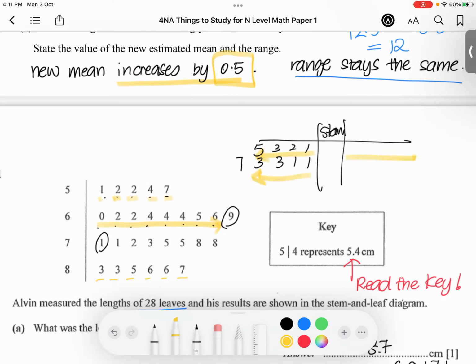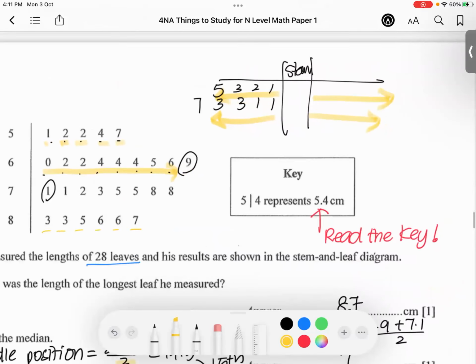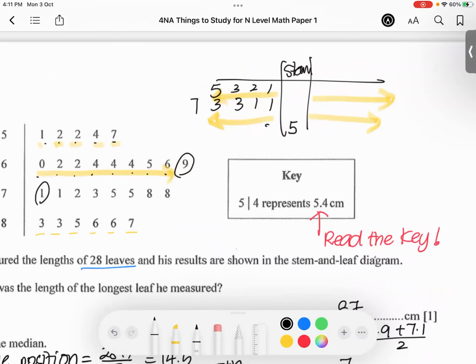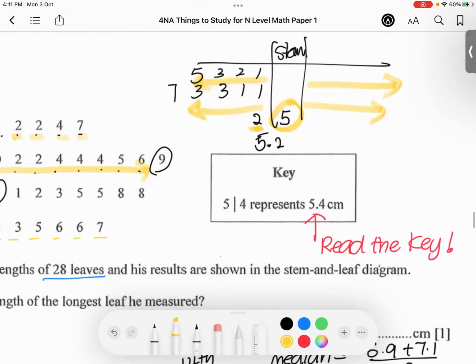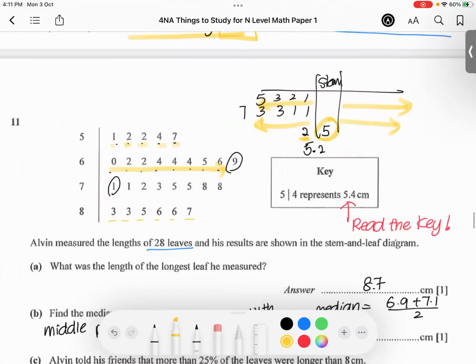So when you have a back-to-back stem and leaf diagram, the number is read this way. If this stem is 5 and the leaf is 2, this is not 25, this is 5.2. Take the stem first, then the leaf. This is not 2.5, this is 5.2.